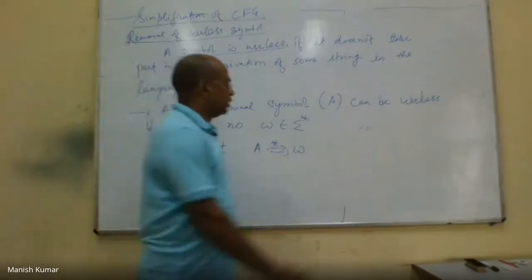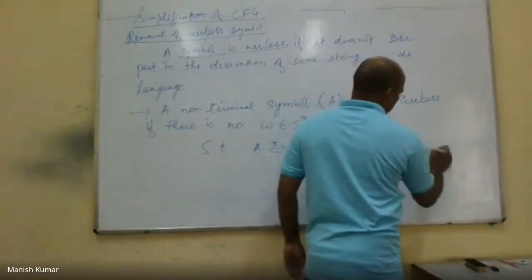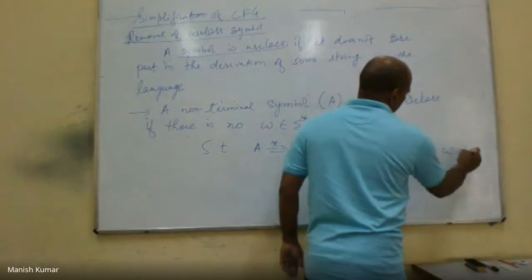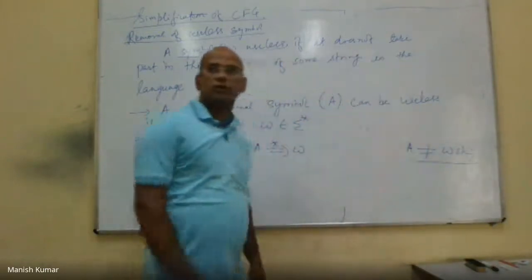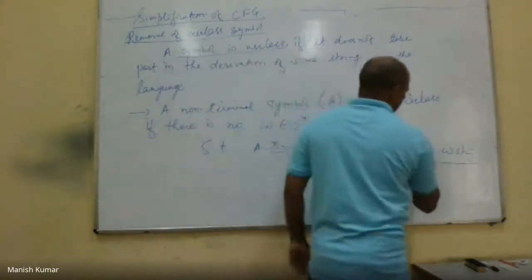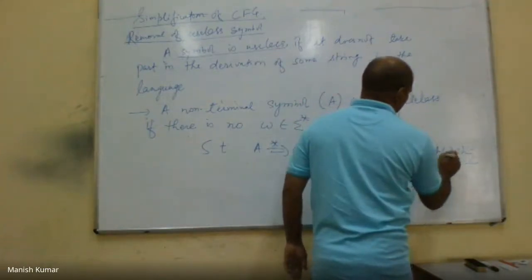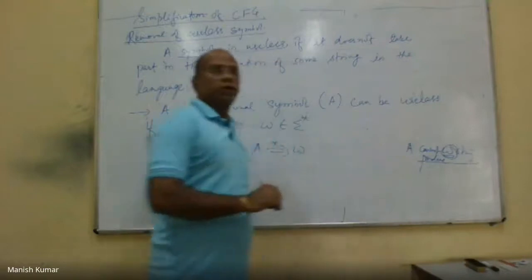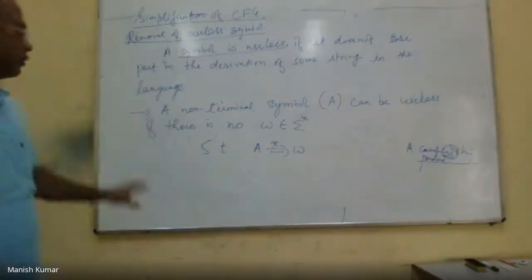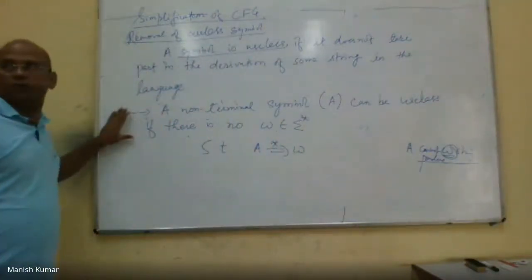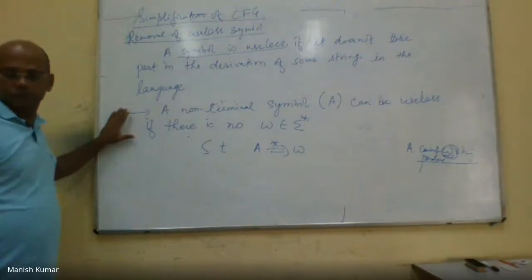That means A cannot produce the small w string. Then in that case A will be referred to as useless.